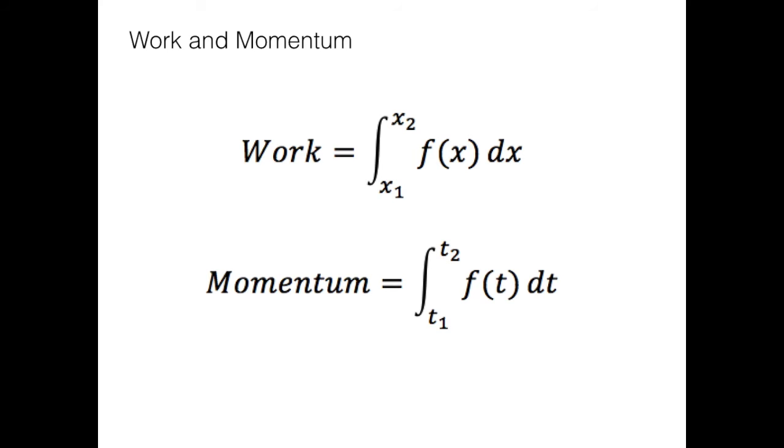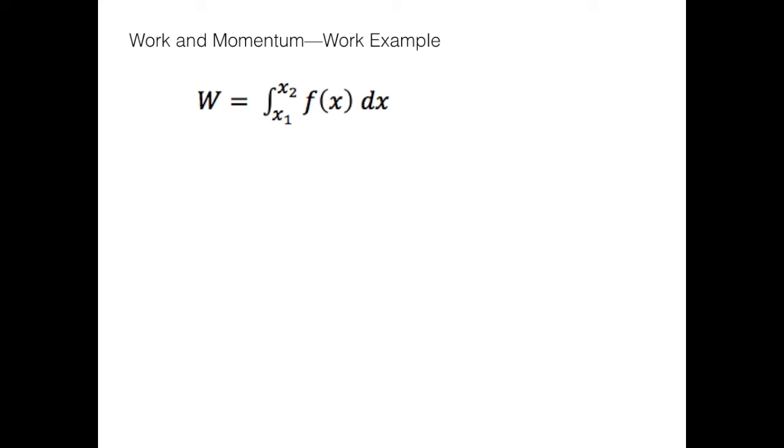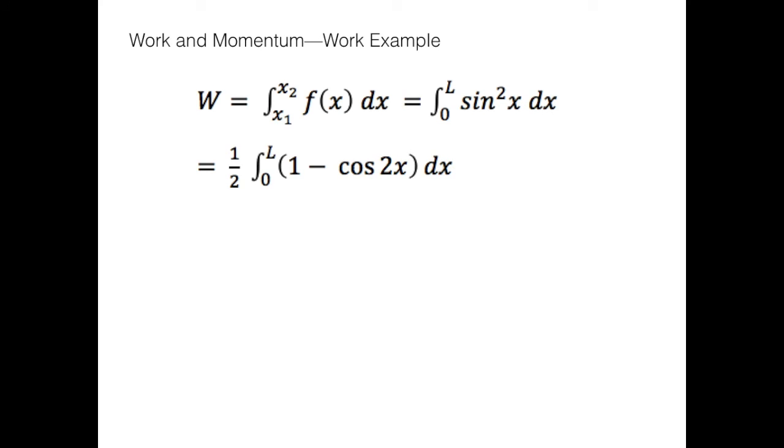So let's look at an example for finding work. Here we have our work equation copied down, and we're going to be trying to find the integration from 0 to L of our force, which is sine squared x dx. The first step of this integration is to rewrite sine squared x using a double angle formula.